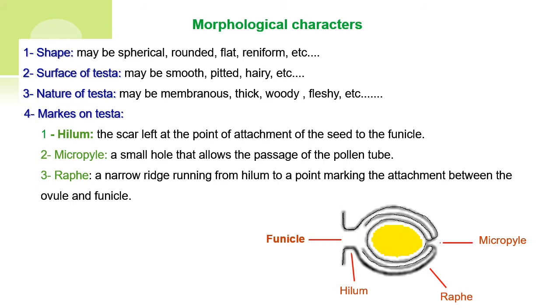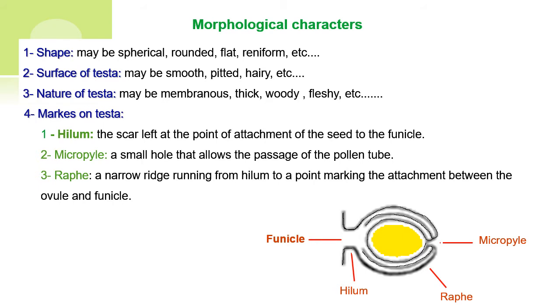The micropyle is the second scar or second mark, which is a small hole on the top or upper part of the ovule, marking the passage of the pollen tube containing the pollen grains to fertilize the ovule.